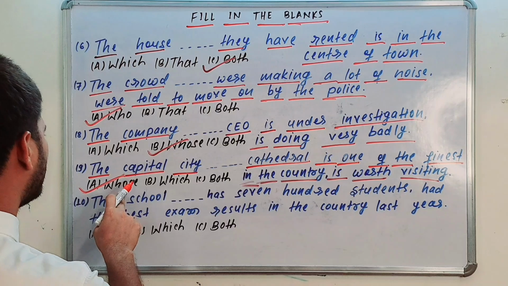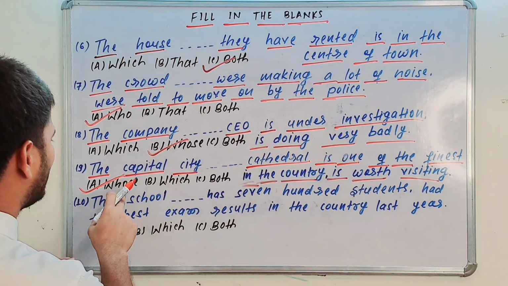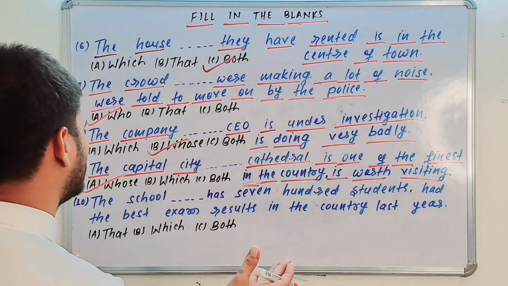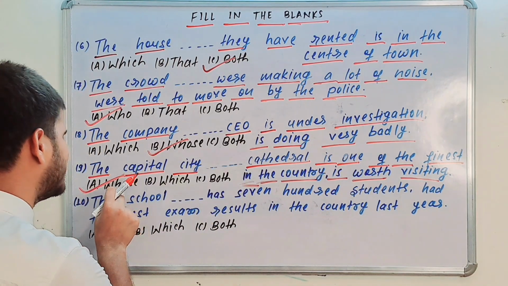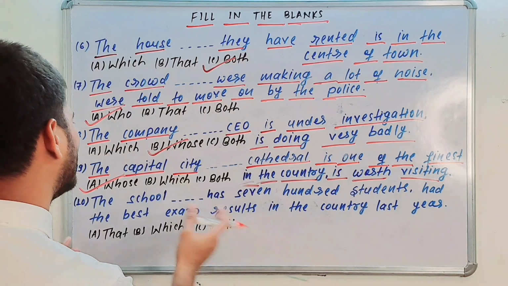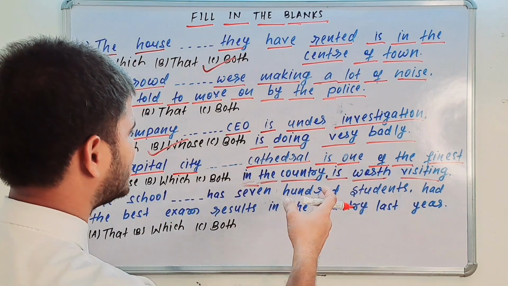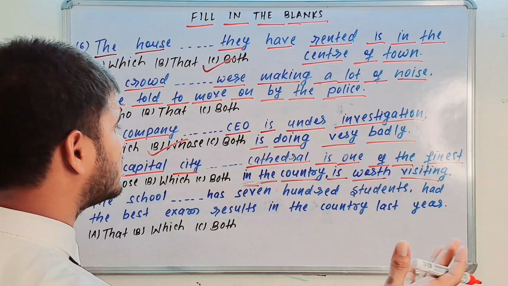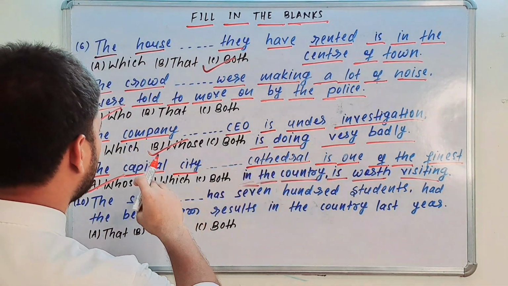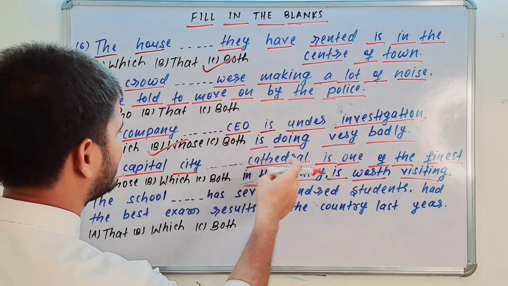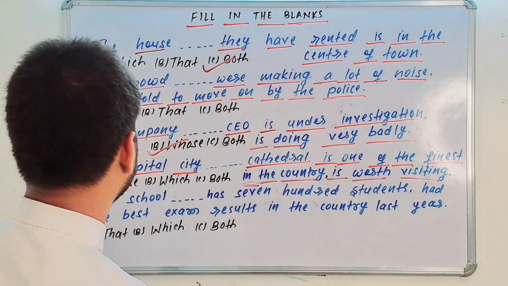So option A, whose cathedral. I told you the relative pronoun whose is used only for possession. There is no other use of this relative pronoun whose. So the capital city whose cathedral is one of the finest in the country, is worth visiting.